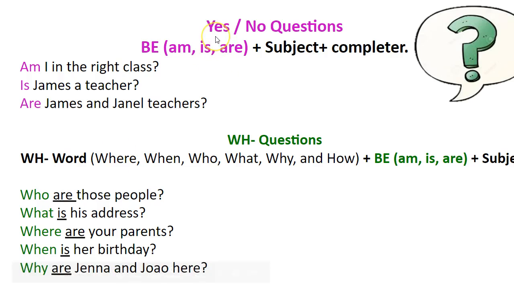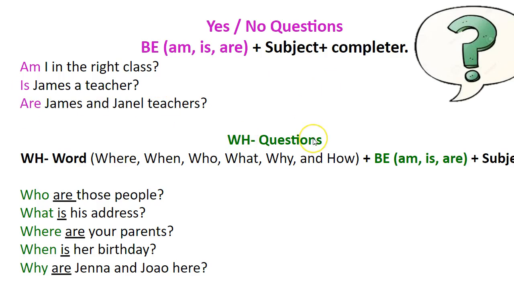Now, what about yes-no questions with be verbs? For yes-no questions with be verbs, we have the be verb plus a subject and a completer. Am I in the right class? Is James a teacher? Are James and Janelle teachers?